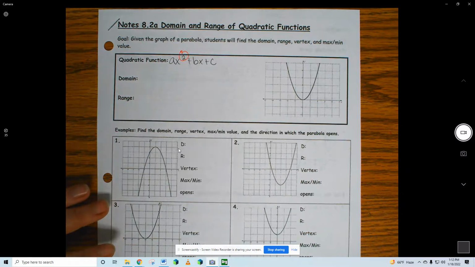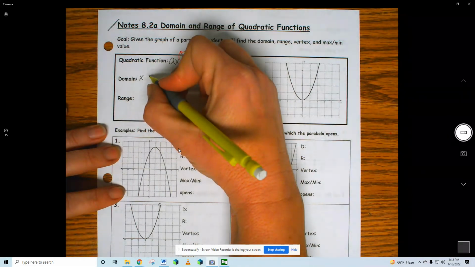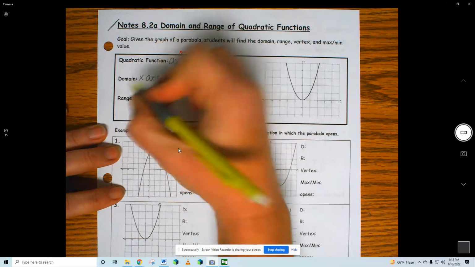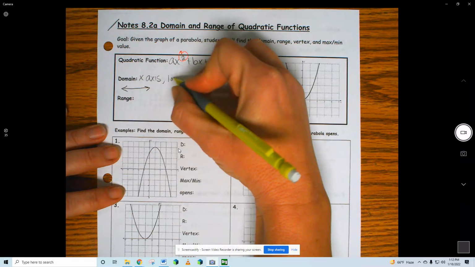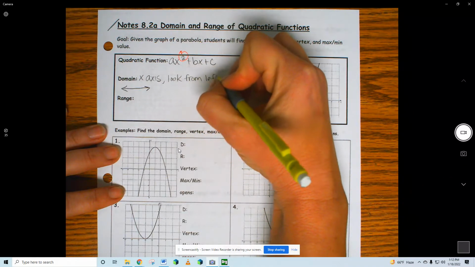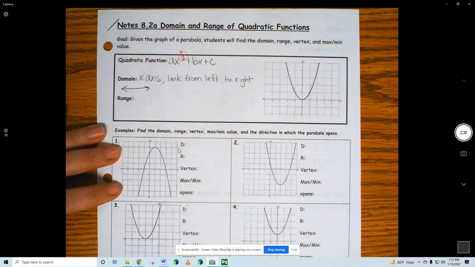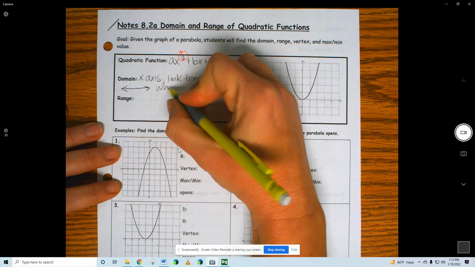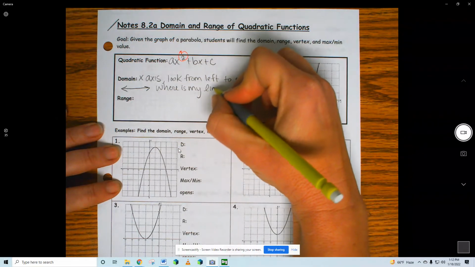The domain is going to be the x-axis. I always look from left to right. And it's going to be, where is my line?